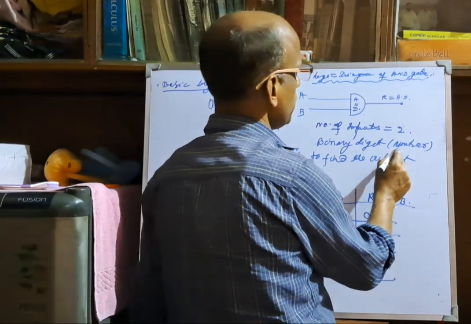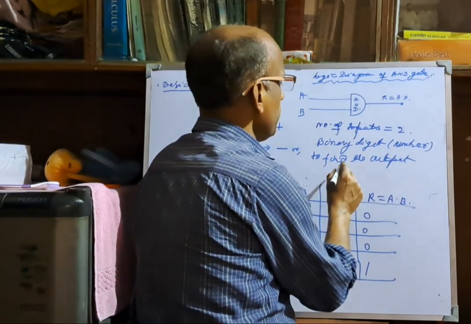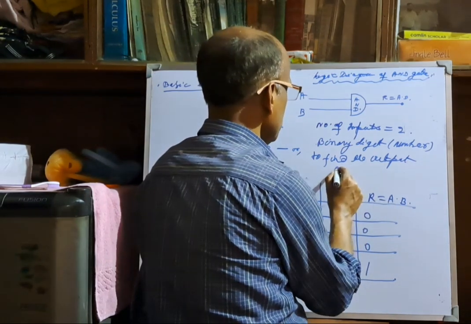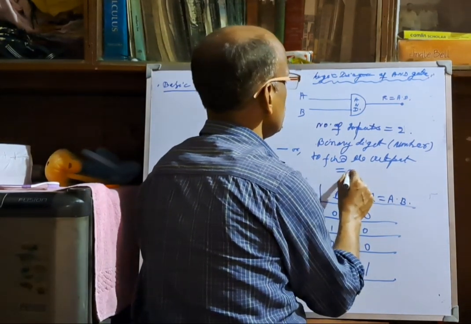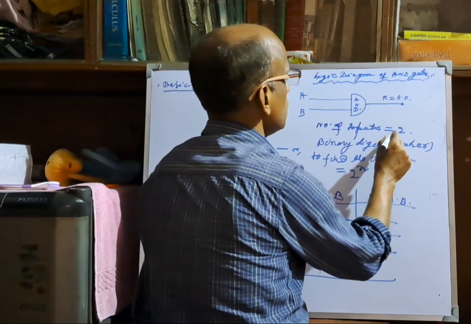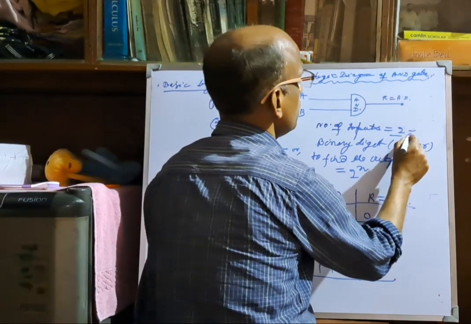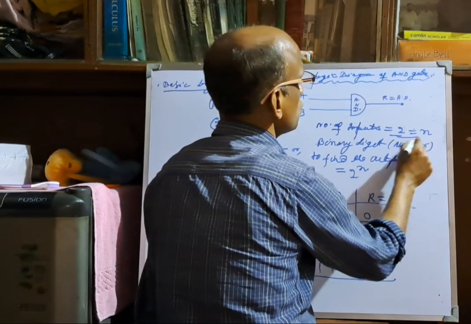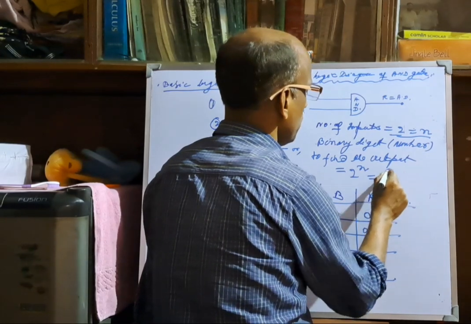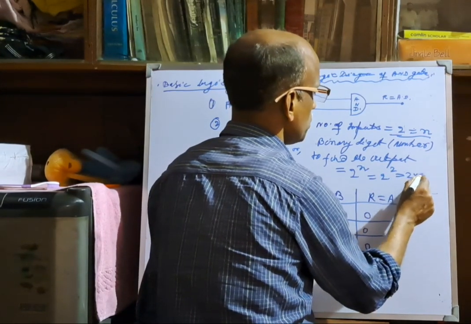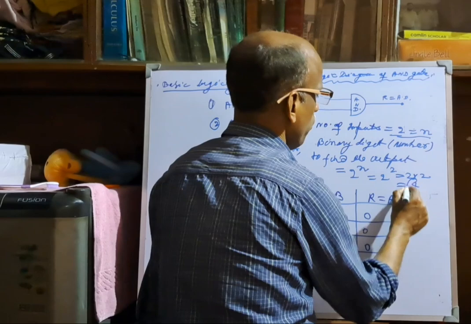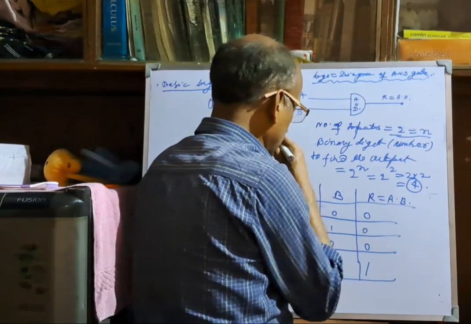In the first bracket you will write number. Here n is equal to 2, so I will put 2 to the power 2, that is equal to 2 into 2, that is equal to 4. The 4 binary digits are required.